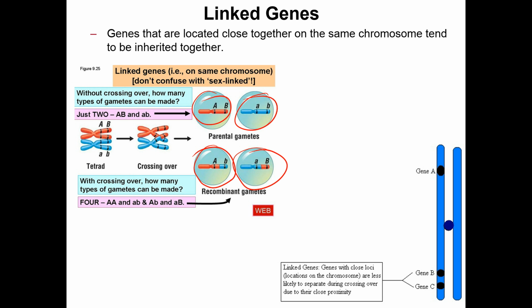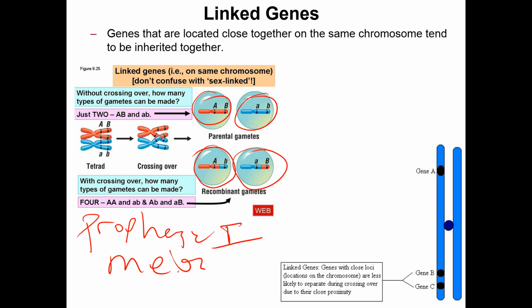So recall that crossing over occurs during prophase 1 of meiosis. You need to remember that. Also, do not confuse linked genes with sex-linked genes.